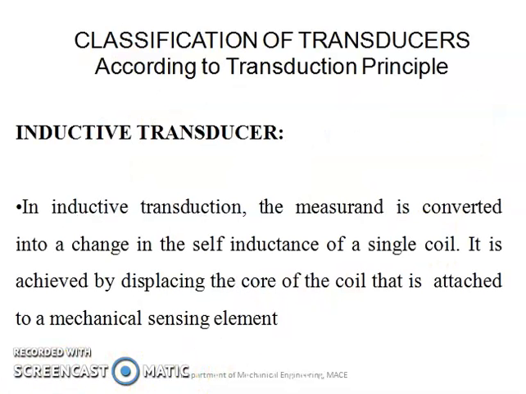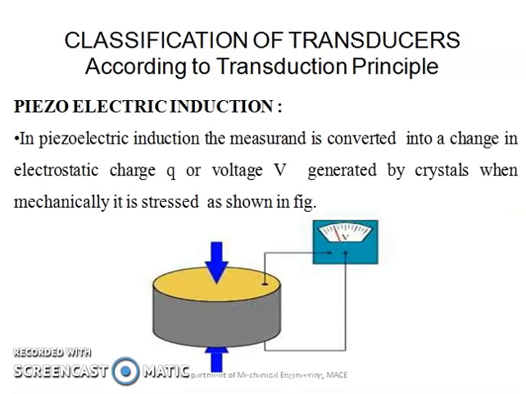Next type of transducer is inductive transducer. In inductive transducers, the measurand is converted into change in self-inductance of a single coil. This is achieved by displacing the core of the coil that is attached to the mechanical sensing element. Next type of transducer is piezoelectric induction type.